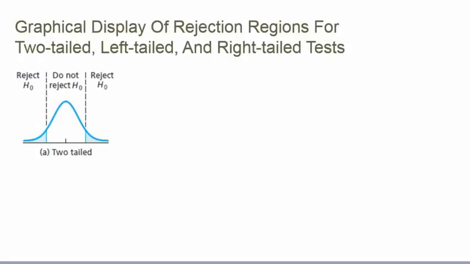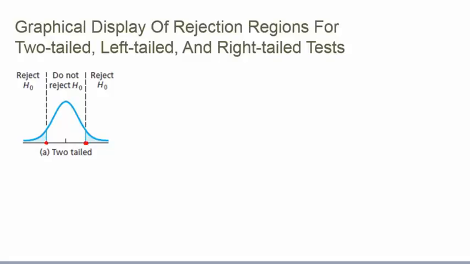Graphical display of rejection regions for two-tailed, left-tailed, and right-tailed tests. Starting with the two-tailed test, we would have a critical value in two spots, a positive and a negative value.